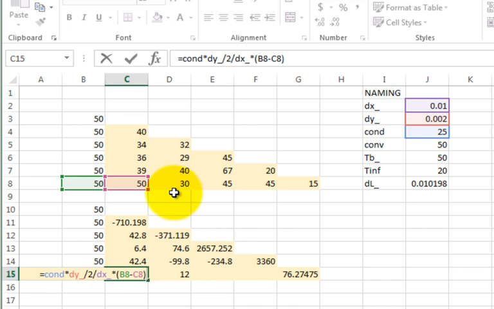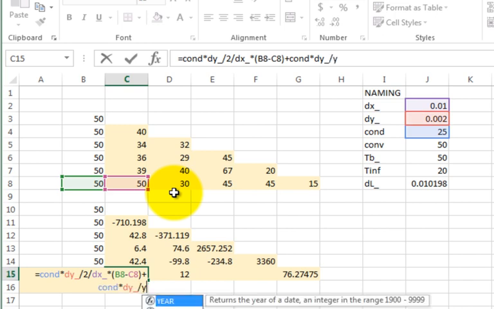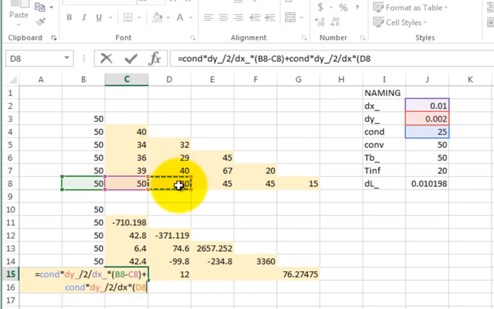All right. Plus, then we had, I'm getting tired of writing all this. Are you getting tired of looking at it? Dy divided by 2 divided by dx times, and then this one minus that one. Am I missing something?